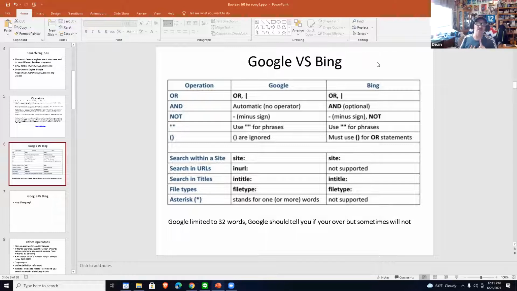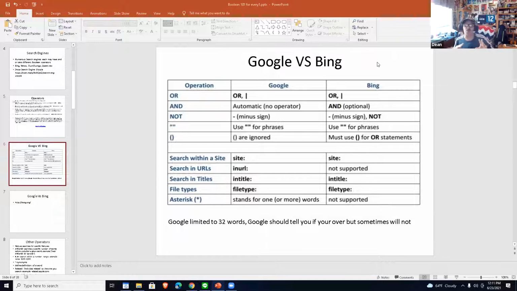The inurl is okay in Google, but not in Bing. So when you want to know stuff like the URL, the best way to go for Bing is intitle, because the intitle should get you very similar results, probably 90% of the same. So that's one of the biggest differences.